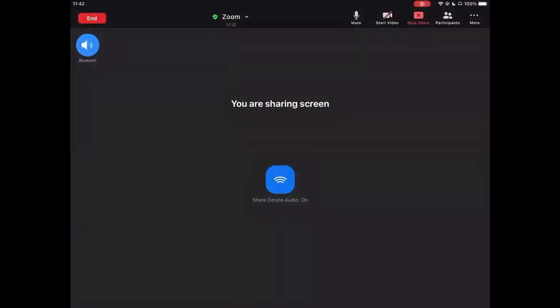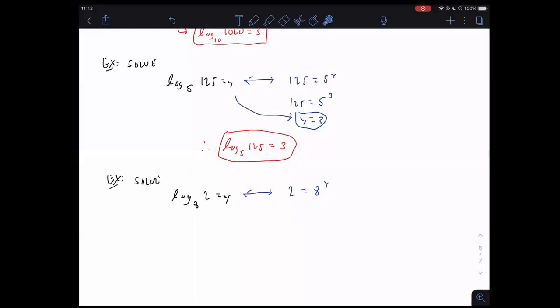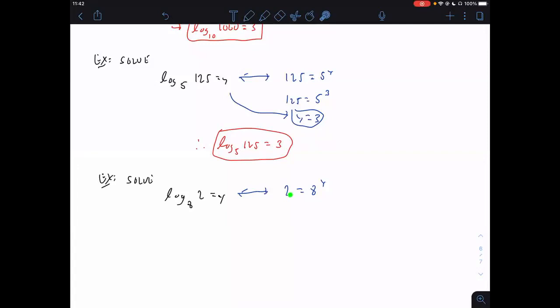So how can we get 2 from a base of 8? What can we do to this number 8 here that will give us a value of 2?